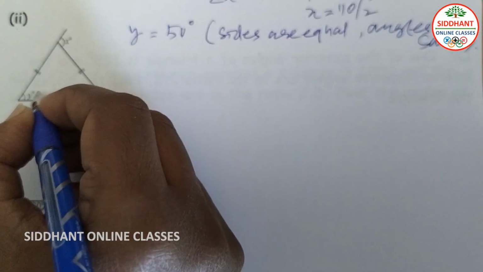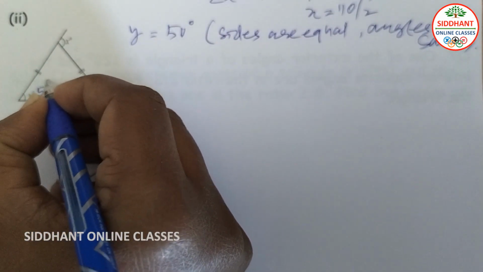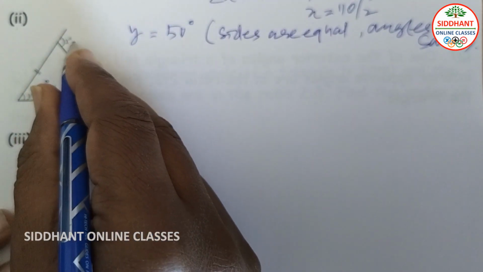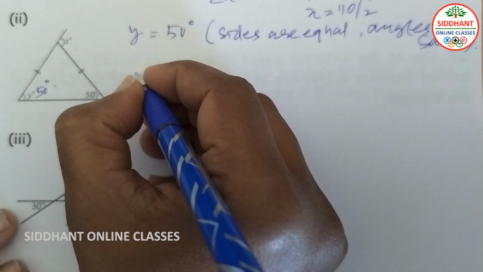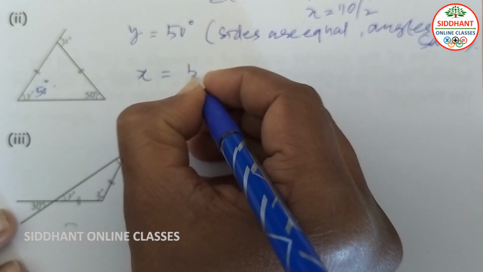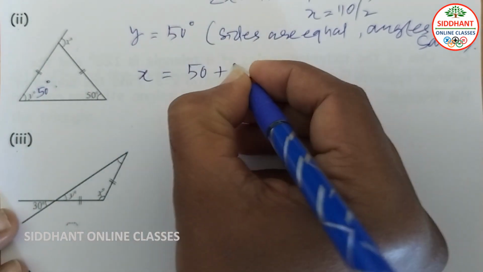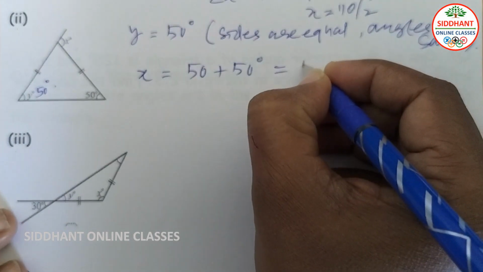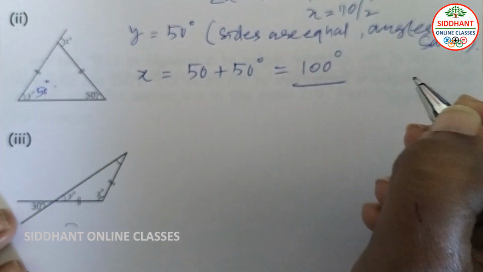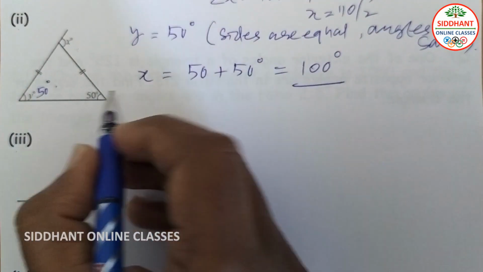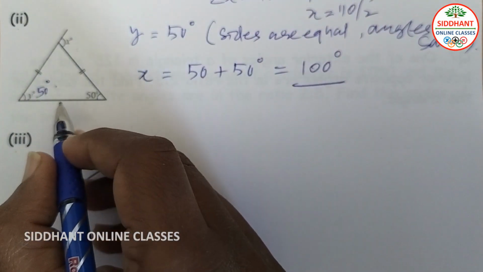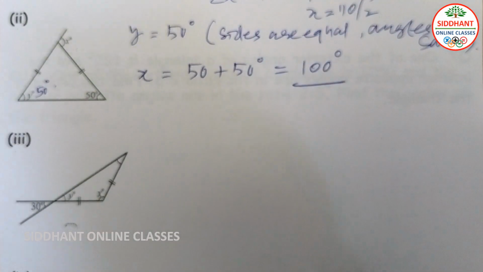So when you got here 50 degrees, we know that exterior angle is equal to the sum of opposite angles. That means x equal to 50 plus 50, so that will be 100 degrees here, because exterior angle is equal to sum of interior opposite angles.